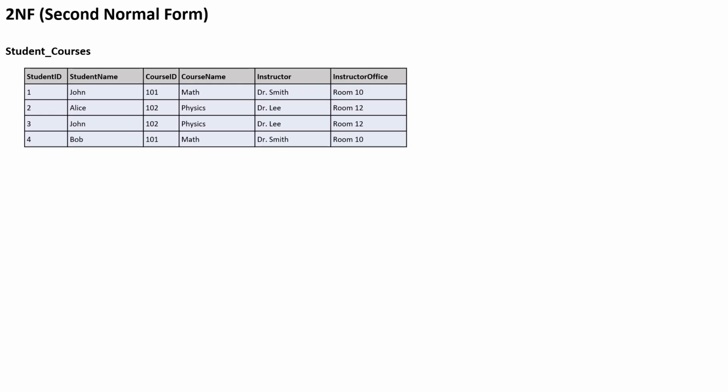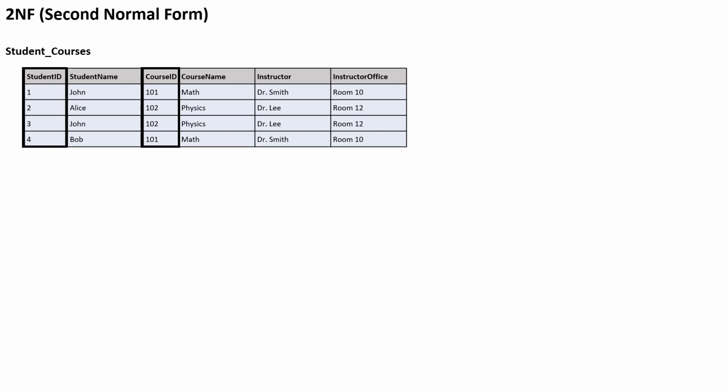The rule for second normal form starts with the first normal form, which means the table must ensure atomic values. Then comes removal of partial dependencies, meaning every non-key column should depend on the full primary key, which here could be student ID plus course ID, because both are needed to identify a record.